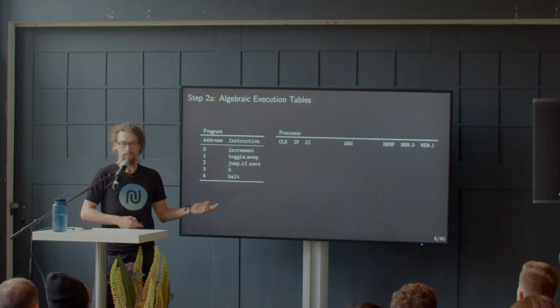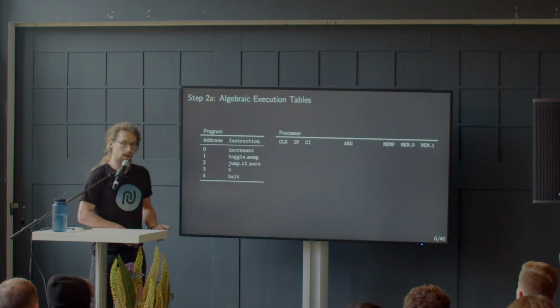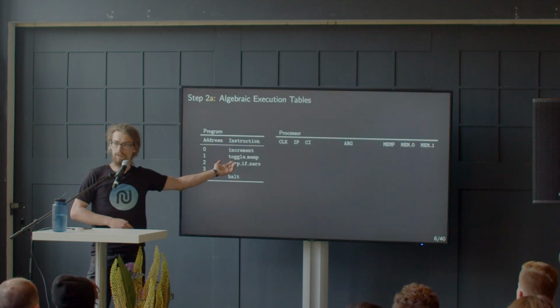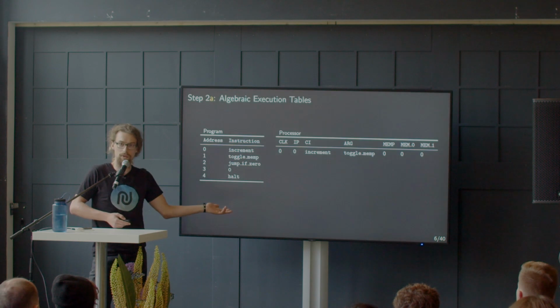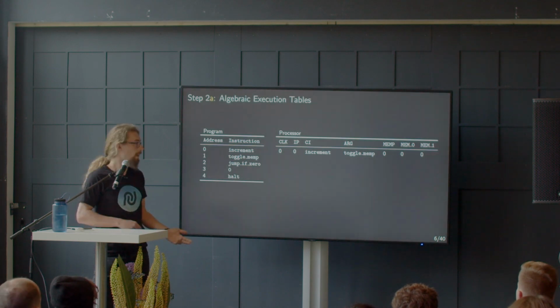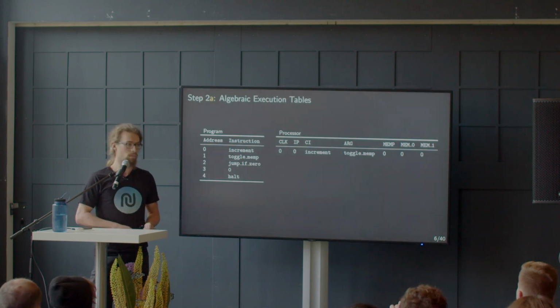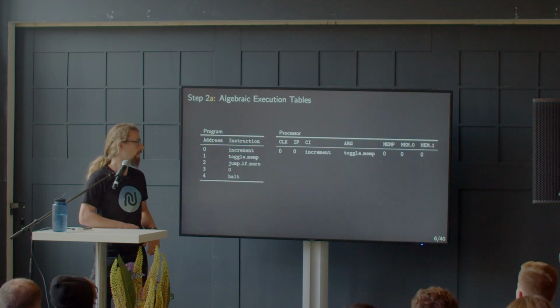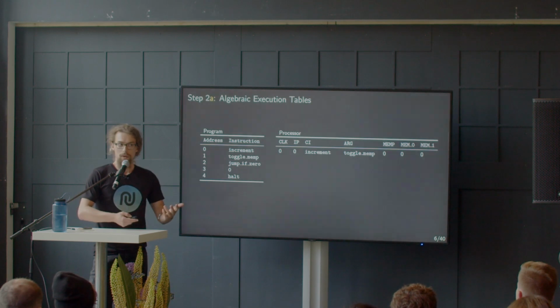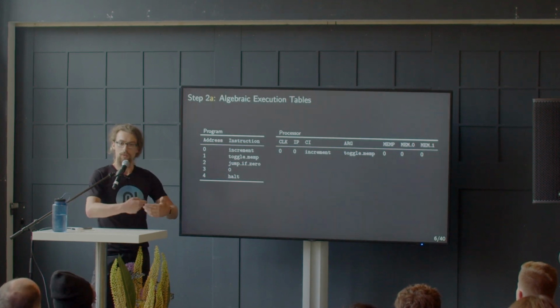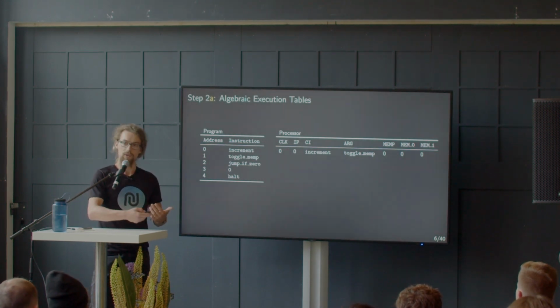It is also a table, hence the name, and these are the registers as we have already seen, and we just initialize everything to 0, except where that doesn't make sense. And then we load the instructions into that. And now we start executing, and the processor just records every state it ever sees.